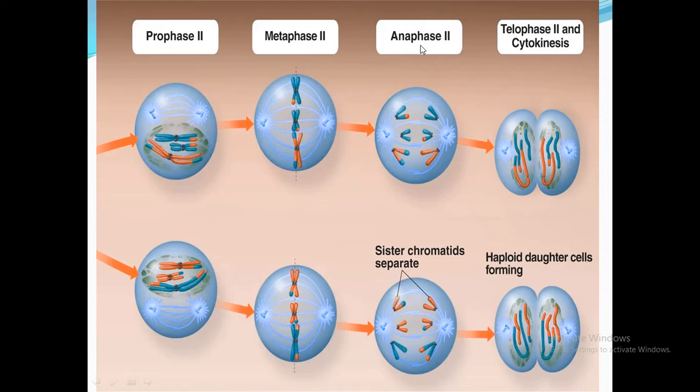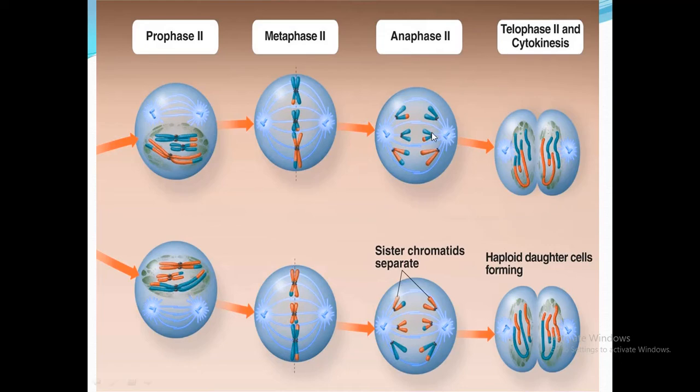In anaphase 2, the sister chromatids separate. Here you can see the sister chromatids are separated in anaphase 2 of both cells. This is one more important difference between mitosis and meiosis. In mitosis, in a single anaphase, the sister chromatids are separated.